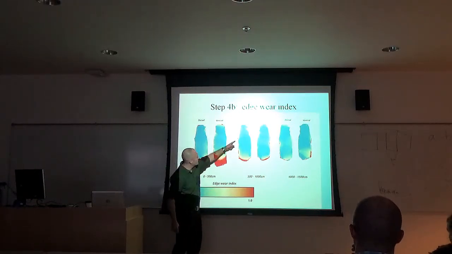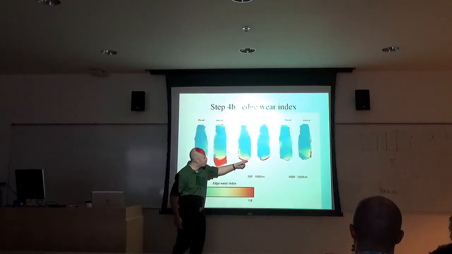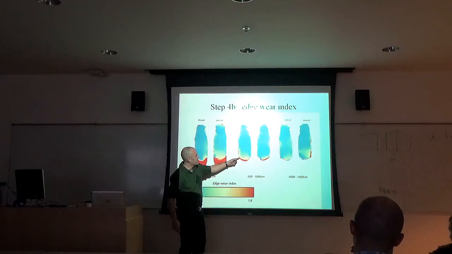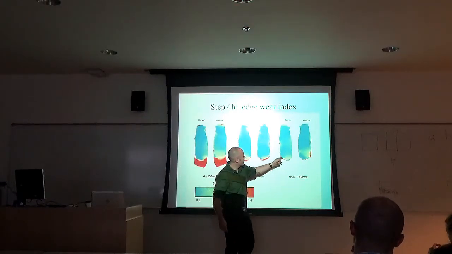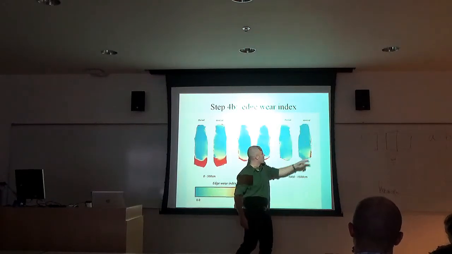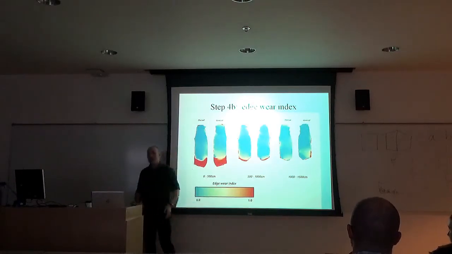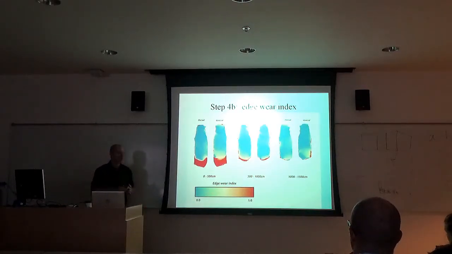Kept working it, and you can see here is the side where it's really being worked. A bit more flaking off at the bottom end, but most of the wear is on the side. And then over here, the bottom end seems to have stabilized a bit. We're still getting wear on the side here, but suddenly the ventral surface, rather than the dorsal surface, which was getting more wear early on, is really starting to lose stuff.